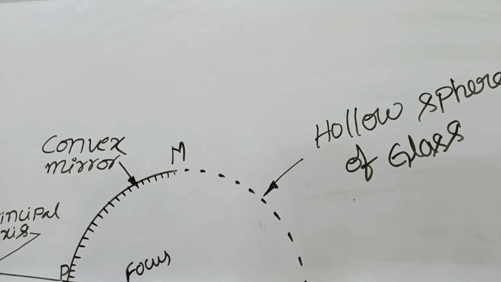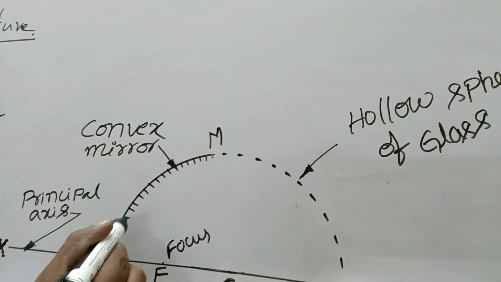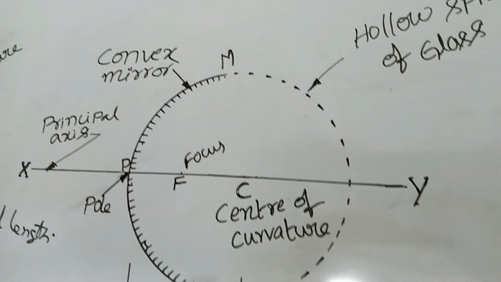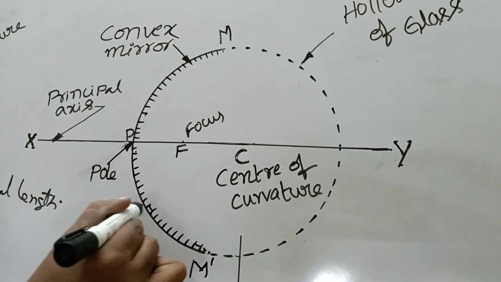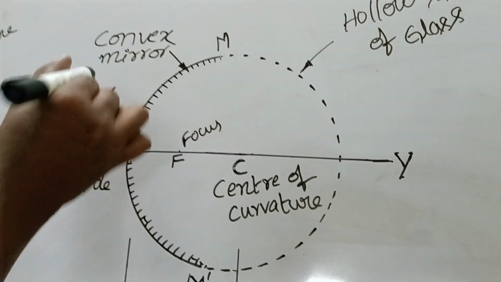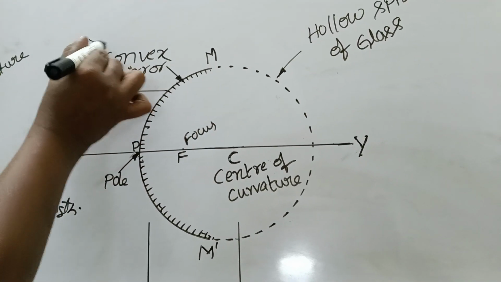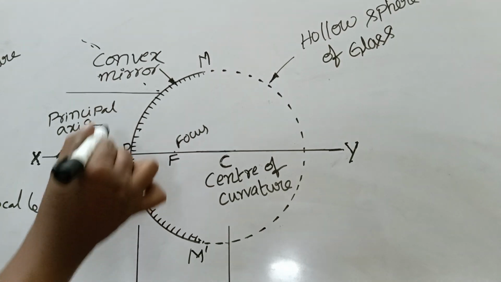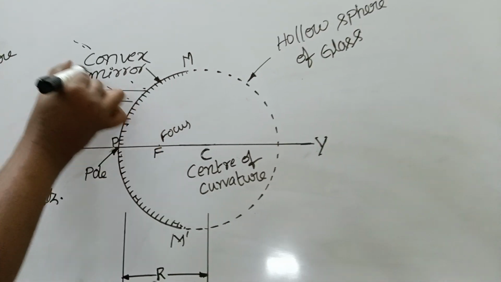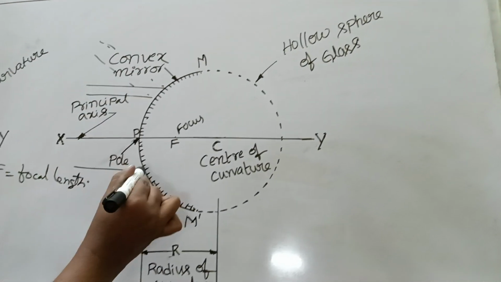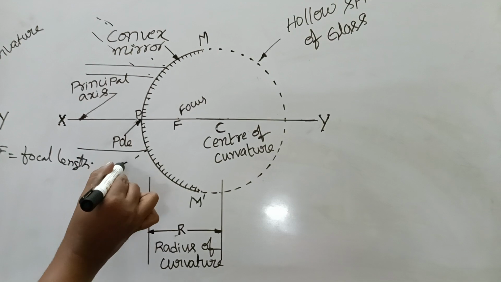So here this is the coating surface, and this is the reflecting surface. Suppose these are the rays, they try to reflect like this. Here there is another ray, it gets reflected, and there is another ray, it gets reflected here.